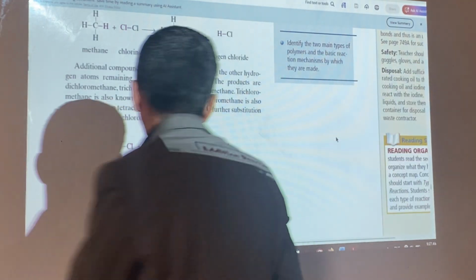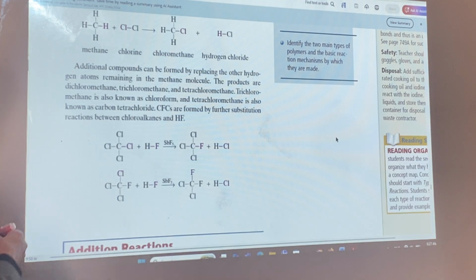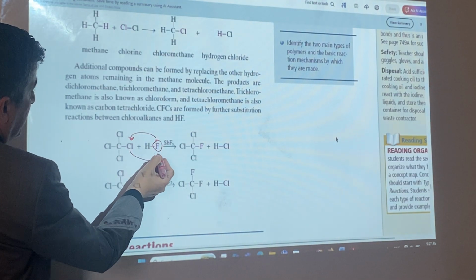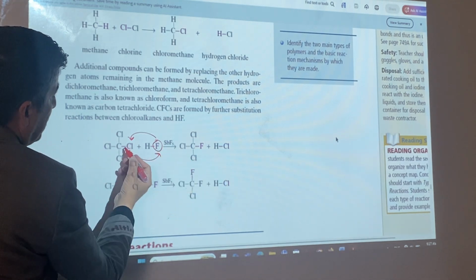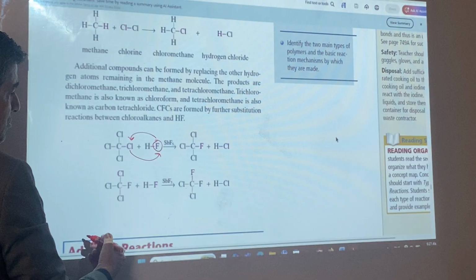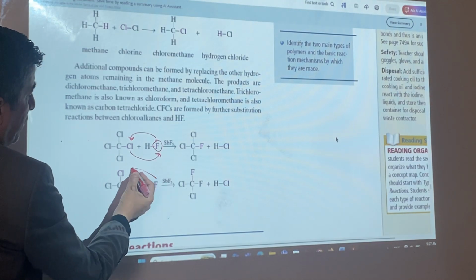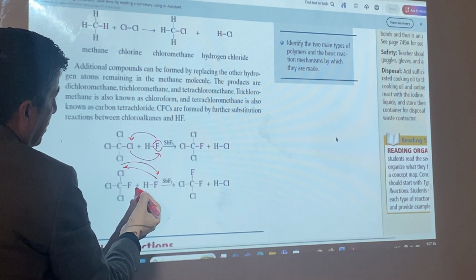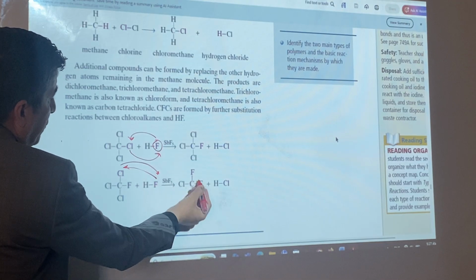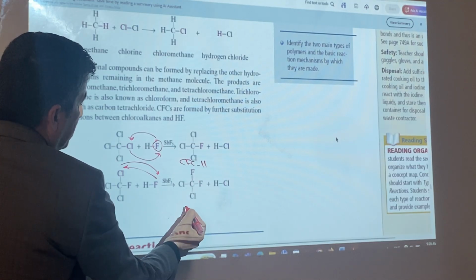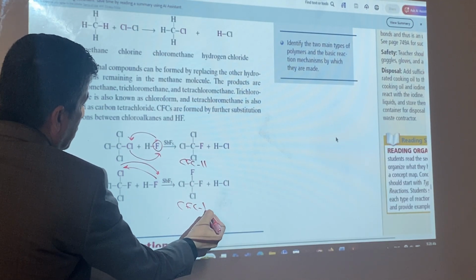In this reaction, F replaces the chlorine and chlorine replaces the F. The product will have F instead of Cl. In the second reaction, also F replaces Cl and Cl replaces F. The product will be difluoromethane. This is CFC-11, which we learned, and CFC-12.